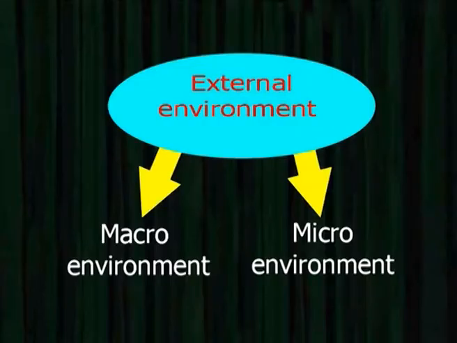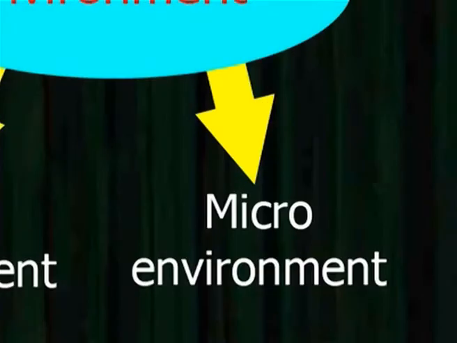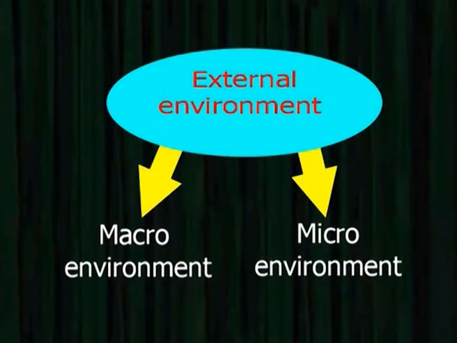Business environment is comprised of internal and external environment. The internal environment we discussed earlier in the last lecture. So, let's have a quick view of the components of external environment. The external environment is subcategorized into macro and micro environment, as you can see in this diagram.